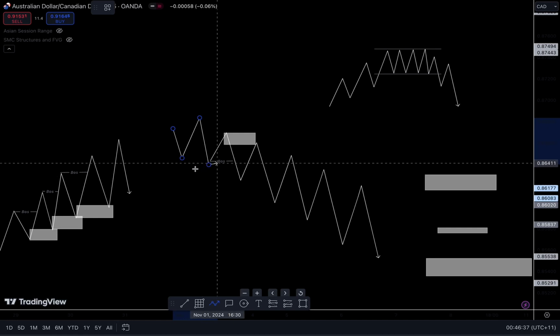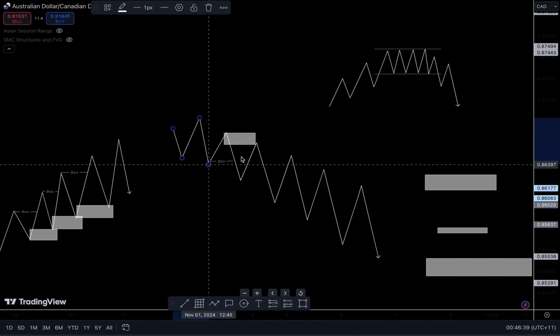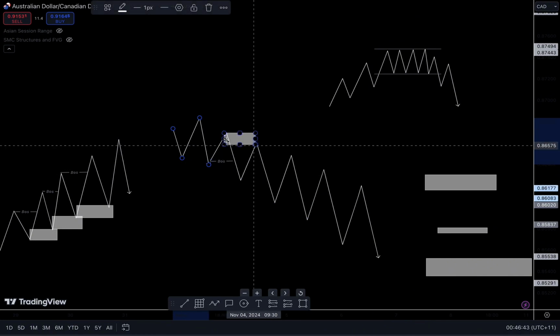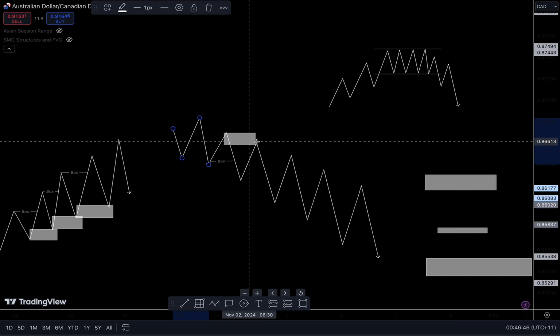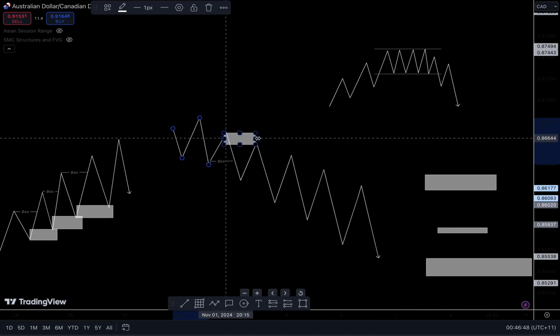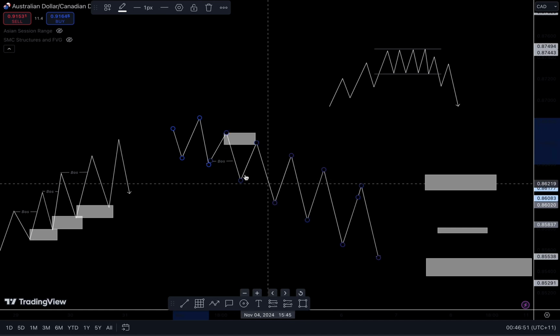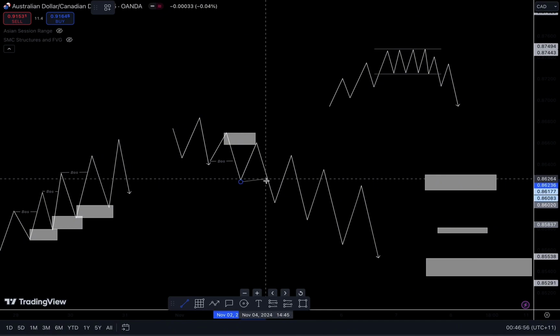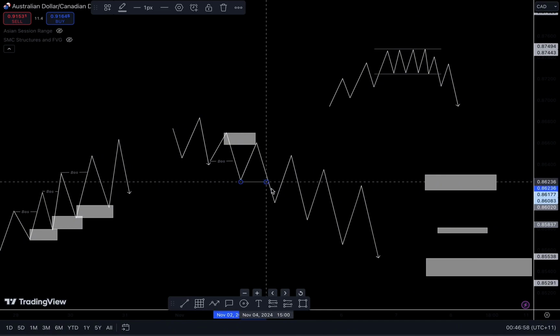Alright. Break this structure here. Move all the way down. Tap on this unmitigated order block. This bearish unmitigated order block. Sell again all the way. Breaks this structure. Break this structure. Calm down.